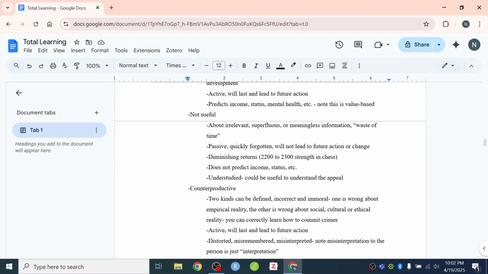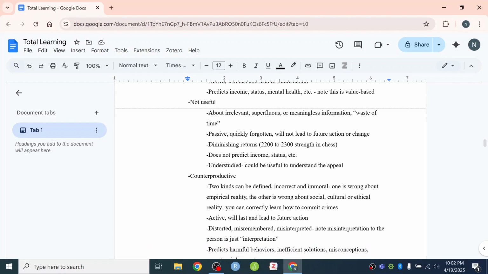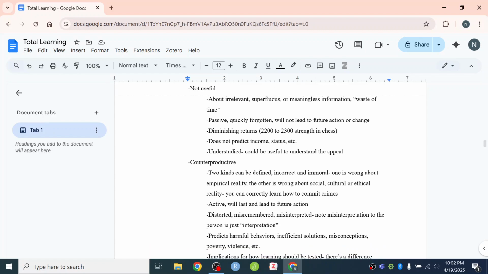That's the problem. And it's often distorted, misremembered. There's a misinterpretation. And of course, we should note that what we see as misinterpretation and distortion is, to the person, just interpretation. Again, more on that later. And counterproductive learning predicts harmful behaviors, inefficient solutions, misconceptions, negative outcomes like poverty, violence, poor mental health, etc. That's how we might define counterproductive learning.